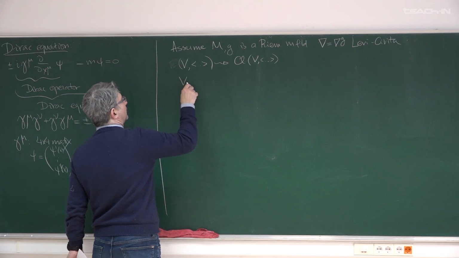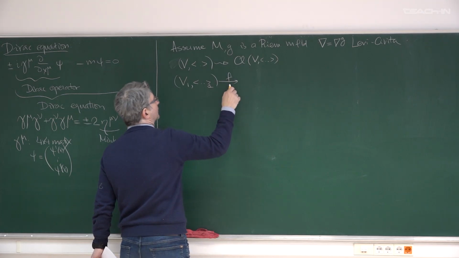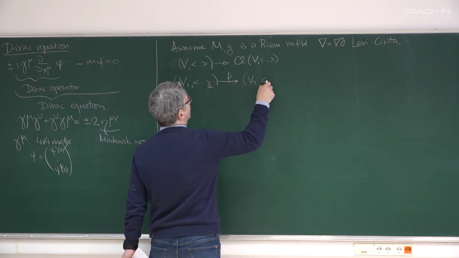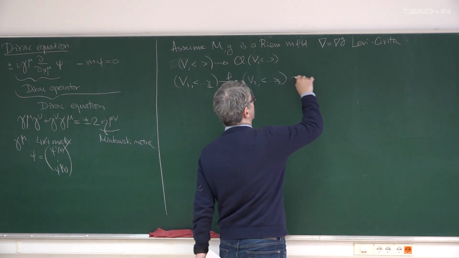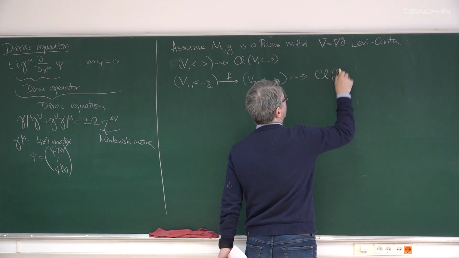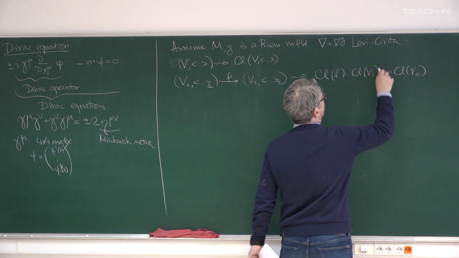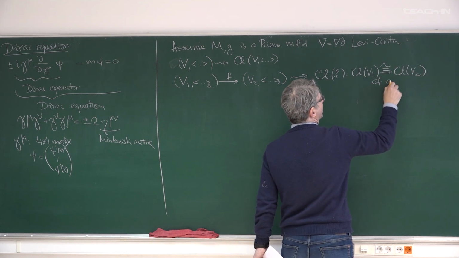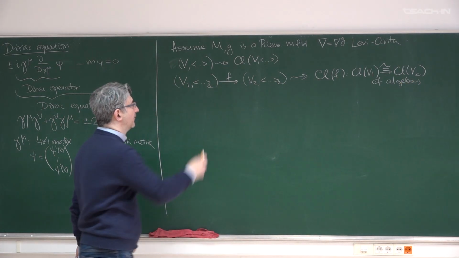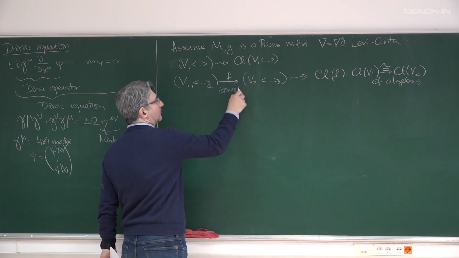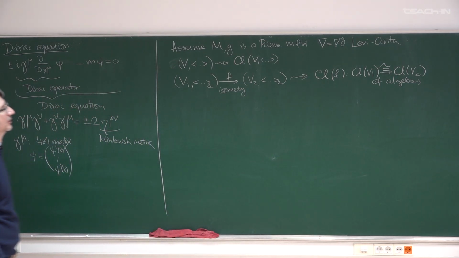So if we have V1 with its scalar product and F is an isometry of two vector spaces, it provides us an isomorphism of algebras. F is an isometry, yes. Otherwise, relations are broken. We need to keep relations. That's why it's an isometry.